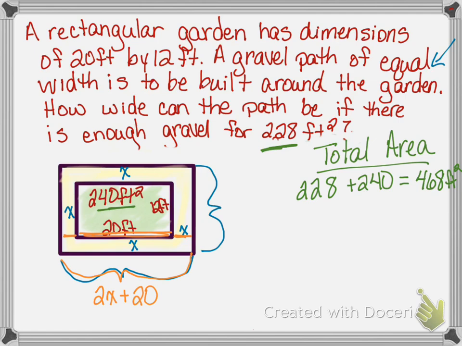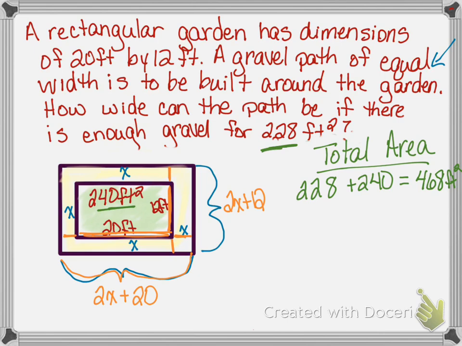Yes. So if this is my width, if my width is 12, what is this right here? X. And what is this right here? X. So if I have 2x plus 12, is that the width of my large rectangle? Yes.